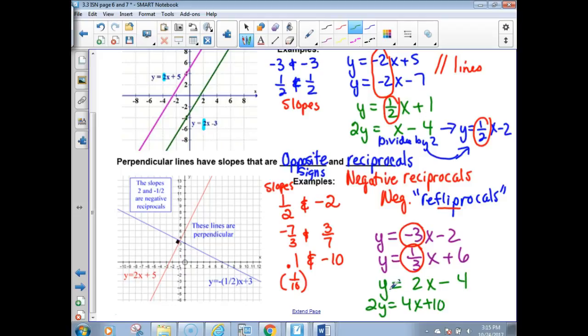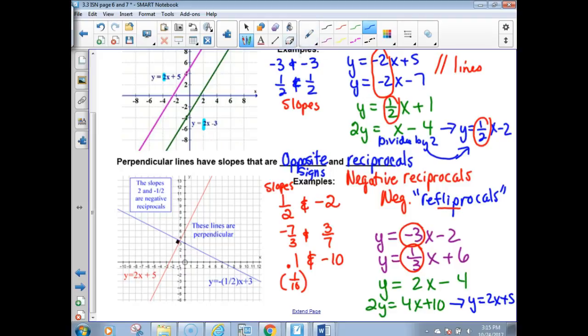Okay, what would you have to do to be able to tell? This again would be to divide by 2. And so if you divided by 2, you would get the new equation, y equals 2x plus 5. Uh-oh. What did I do? Those would be parallel, wouldn't they?